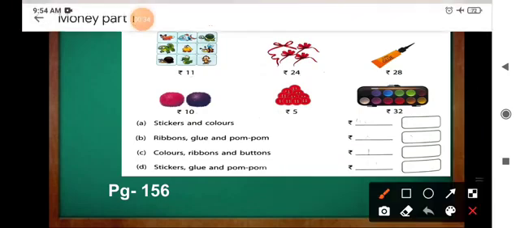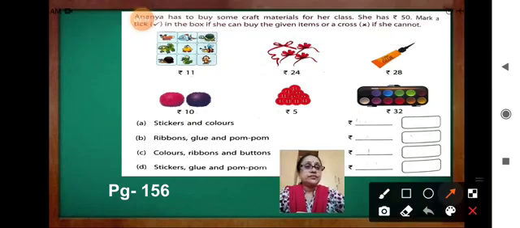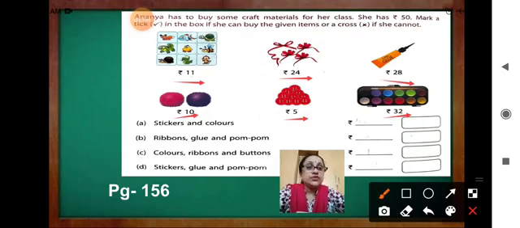Now you can see the prices are written below: stickers rupees 11, ribbons rupees 24, glue rupees 28, pom-pom rupees 10, buttons rupees 5 and rupees 32 for colors. Now we will do together.